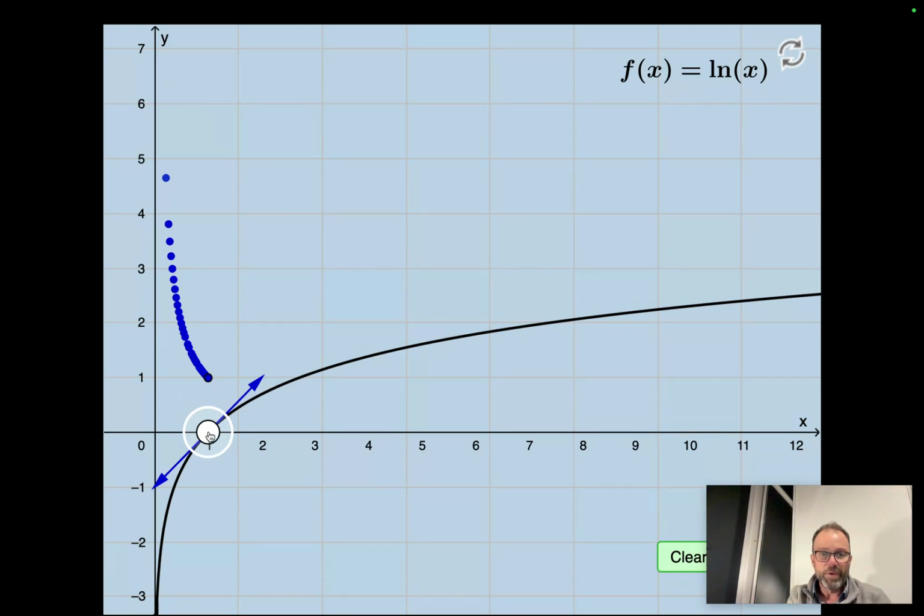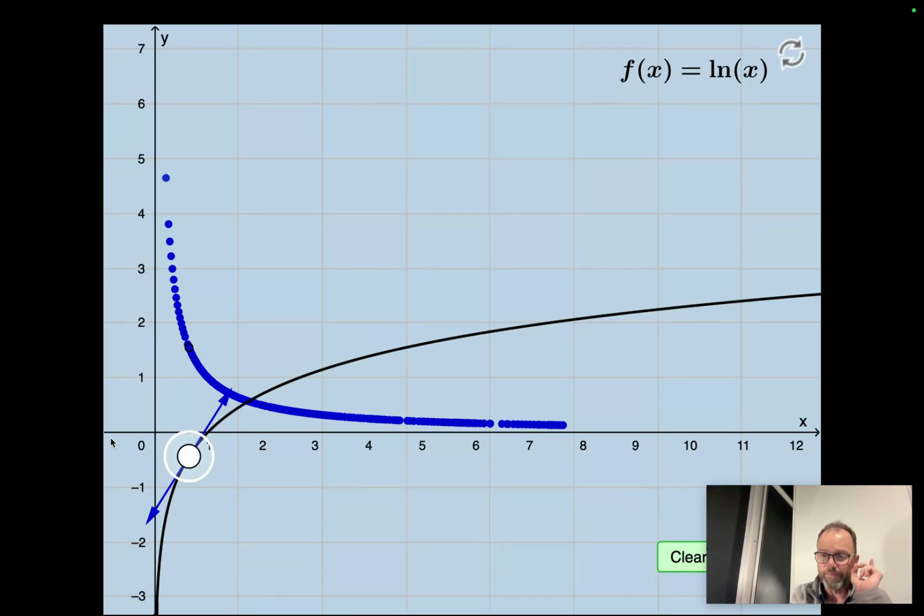If you go to this value here, about natural log of 7 something, the value would be 2. Interestingly, if you go between 0 and 1, the value is negative. And you can't take the log of a negative. Hopefully you understood that from your year 12 algebra experience.